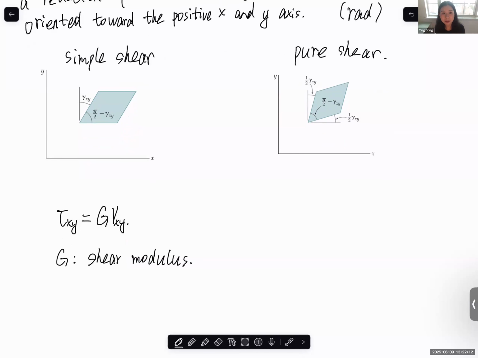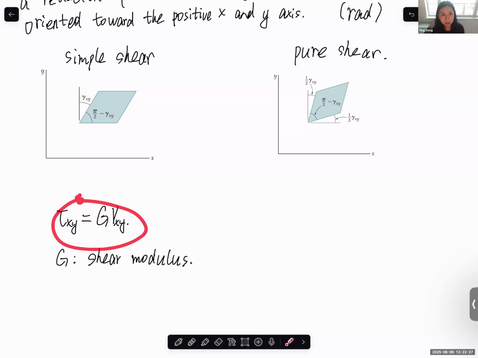And similar to Young's modulus, as I said, it is more of a material property. So if you know what material you use, you know what is Young's modulus. And similarly, if you know what material you use for the structure, you know what is shear modulus. So you can use this one to find a relation between the shear stress and the shear strain. And of course, this equation is only within the proportional limit, before the plastic deformation is generated.